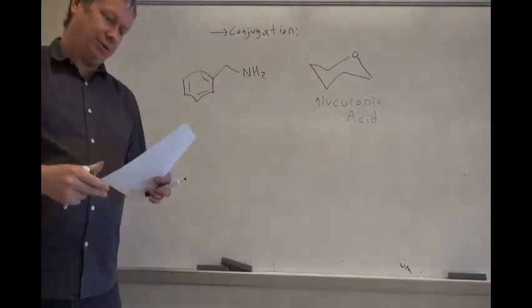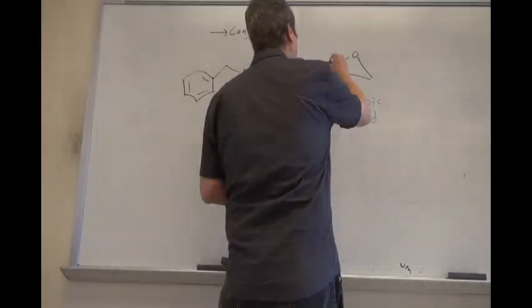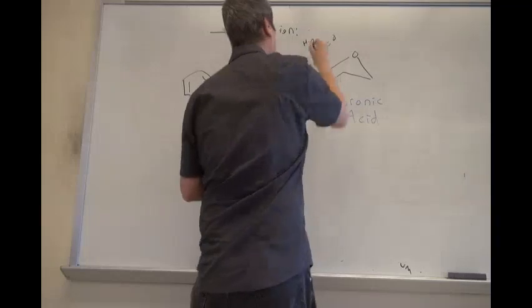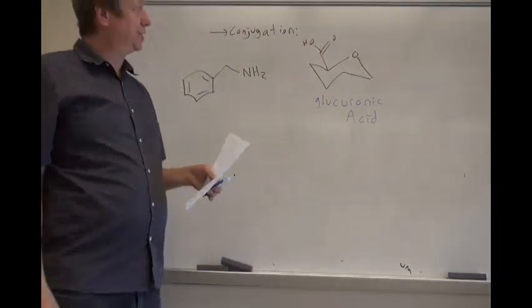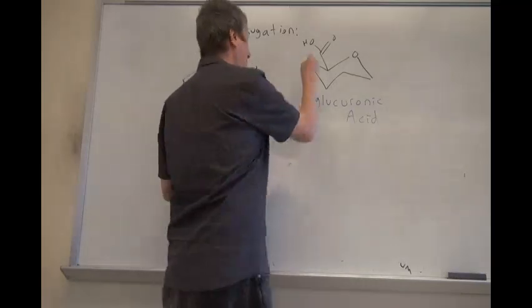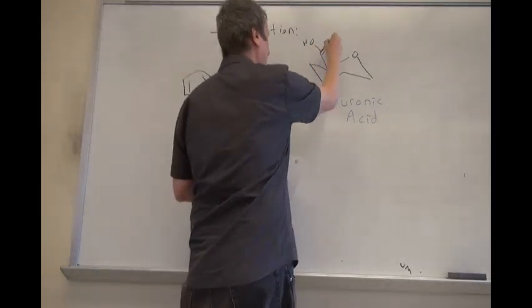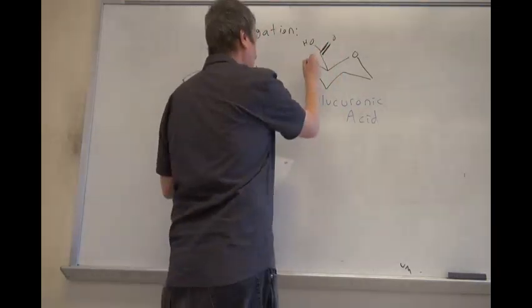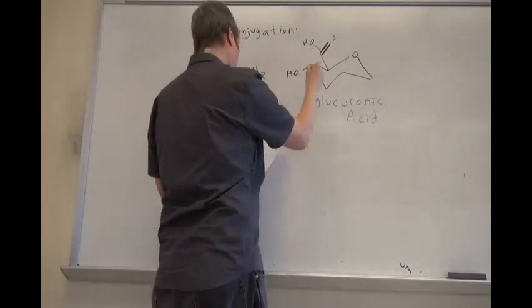Glucuronic acid. It's kind of like a sugar derivative. So you start with a backwards 6-member ring, and a carboxylic acid right up there. Again, you can Google this also.